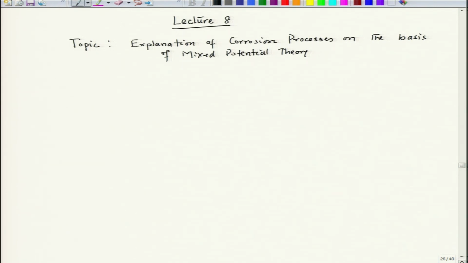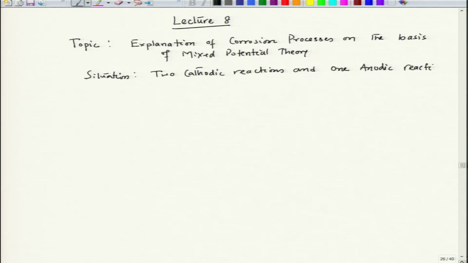We will consider a situation with two cathodic reactions and one anodic reaction.